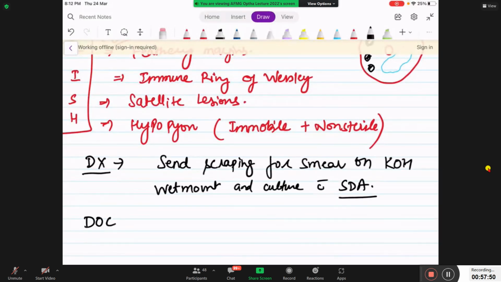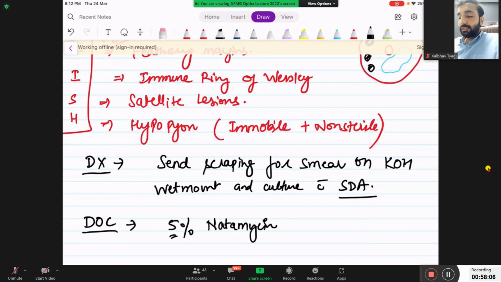Talking about the drug of choice. The drug of choice will be 5% natamycin in fungal. You have to remember the percentage also, 5% natamycin. Because it is a fungal corneal ulcer, you have to give an antifungal, which is 5% natamycin. Plus, which other drug do you have to give?